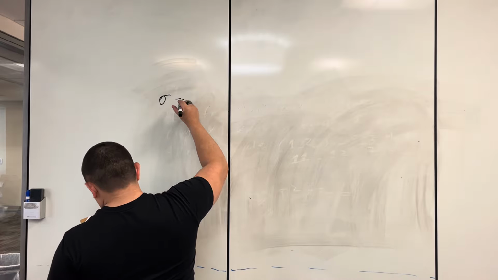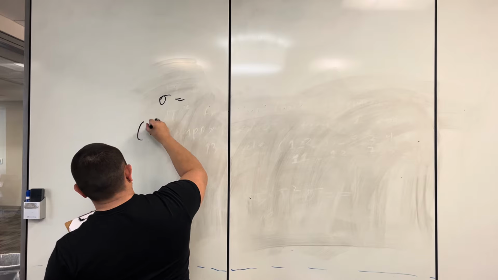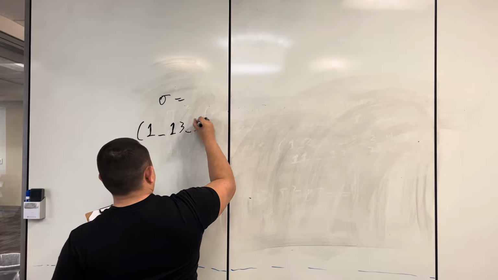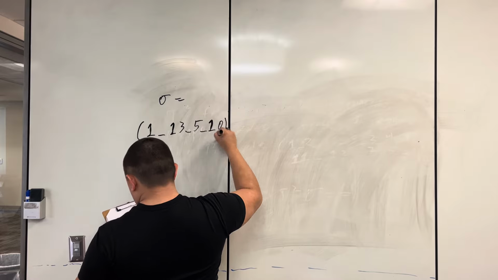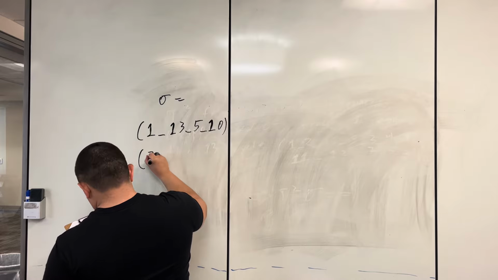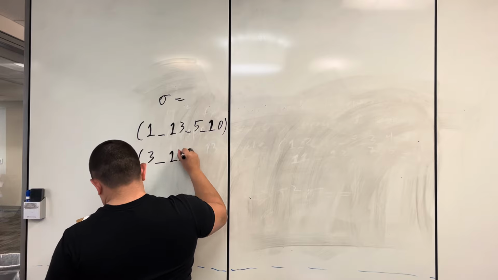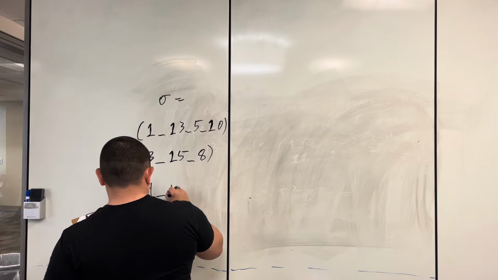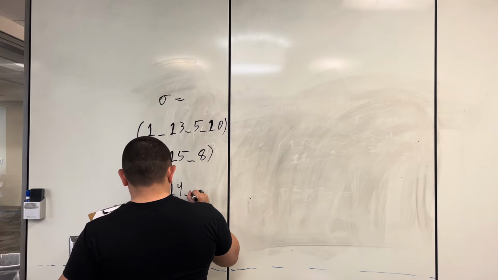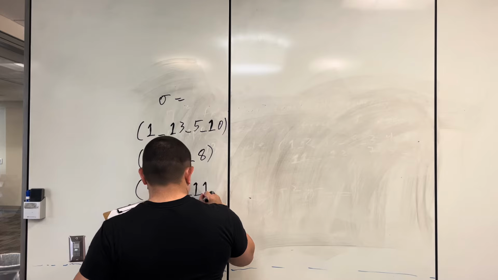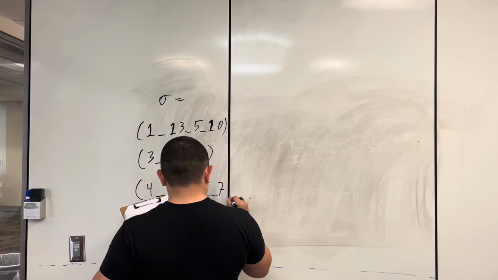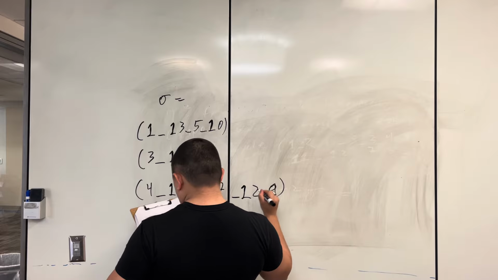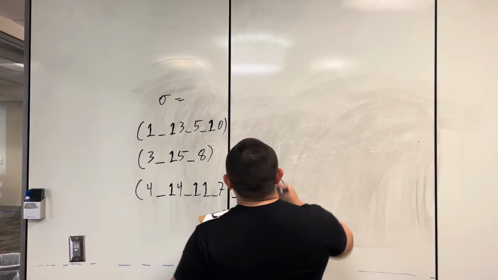Well, sigma is equal to (1 13 5 10)(3 5 8)(4 14 11 7 12 9), right?